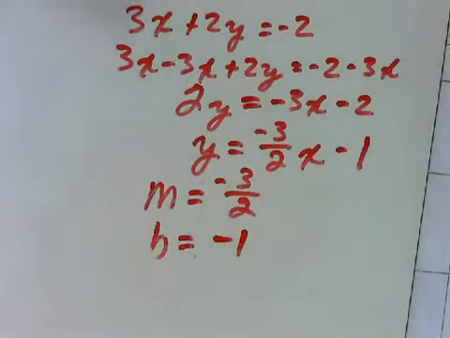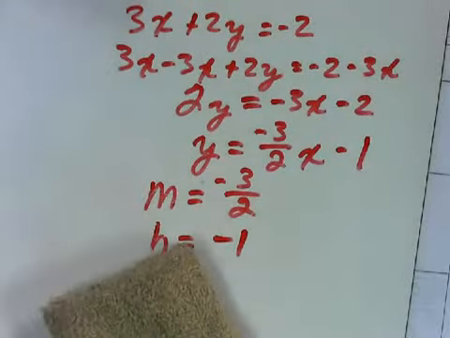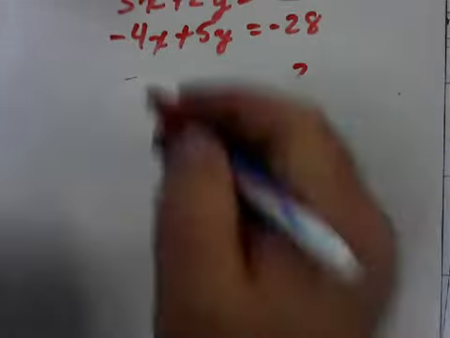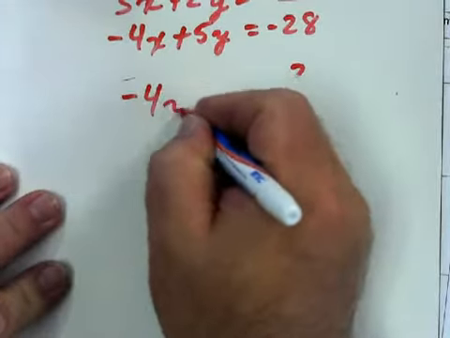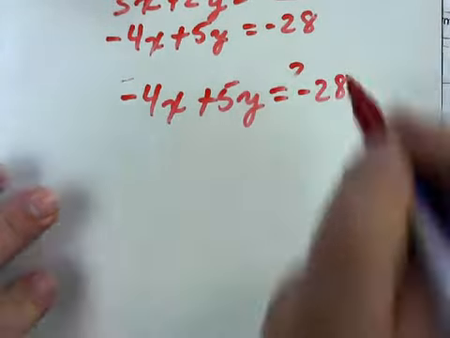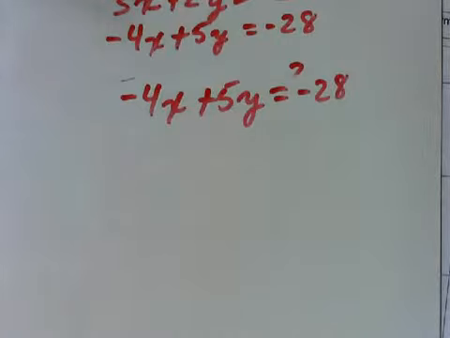Now we have to work with the other equation. In the other equation I have negative 4x plus 5y equals negative 28. I need to put that in the y equals mx plus b format. So if I'm going to do that, what do I need to do?